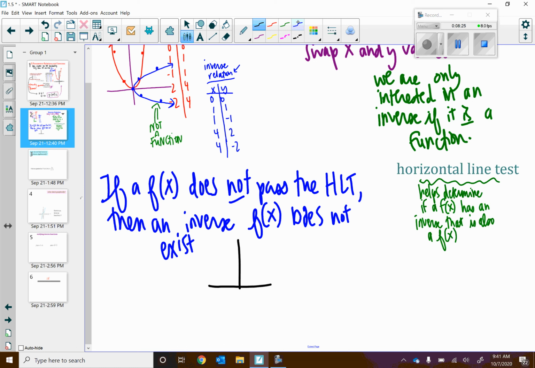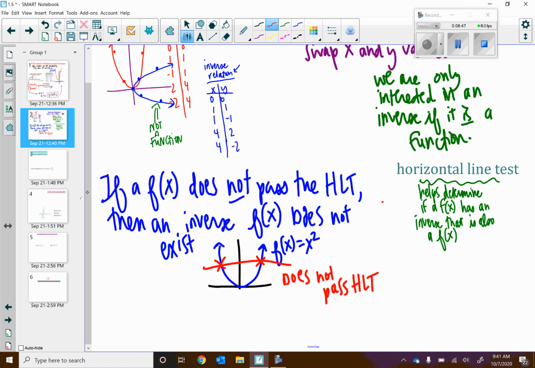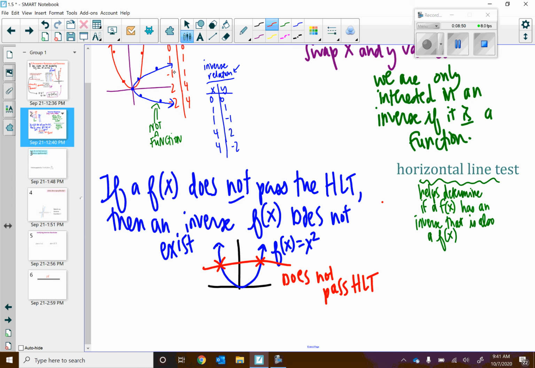If I look at, here's my parabola, this is my original function, f of x is equal to x squared. Okay, a horizontal line test, I haven't told you what it is, but I think you're probably smart enough to guess. If I can draw a horizontal line through it and it hits it twice, this does not pass the horizontal line test. And we saw that the thing we created, this inverse relation, was also not a function, right? If I drew a vertical line through it, it hits it more than once.